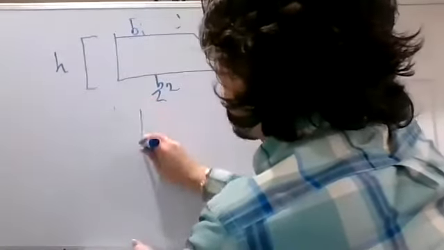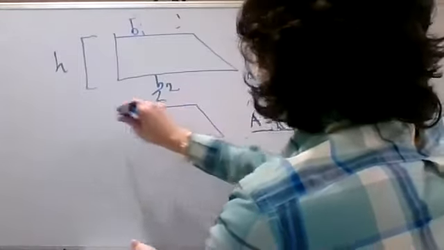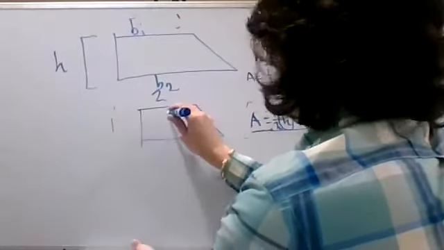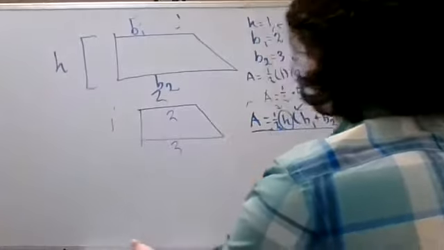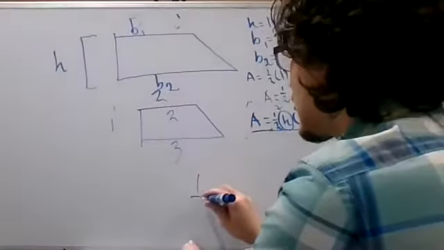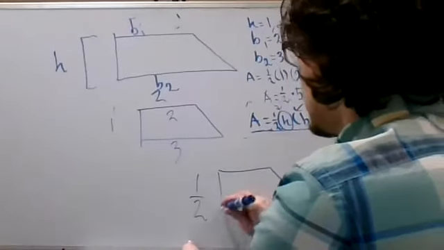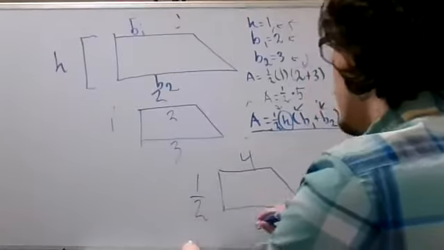So we have the trapezoid here, height of 1, base 1 of 2, and base 2 of 3. This would have the same area as this.